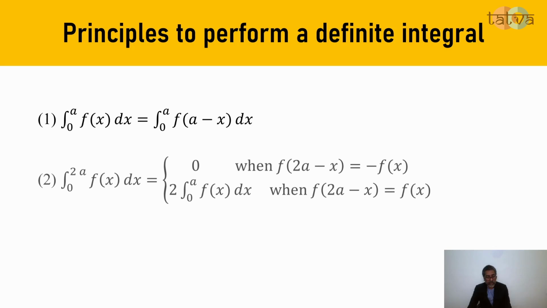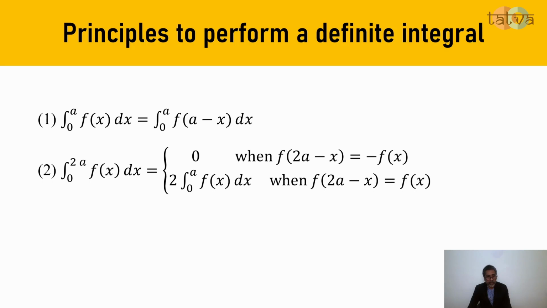This is a slightly advanced property where the limits are now 0 to 2a. Now 2a is just a way to express the property. For example, 0 to pi may have to be visualized as 0 to 2 times pi by 2 and so on. So 0 to 2a f of x dx can give 2 types of outputs.